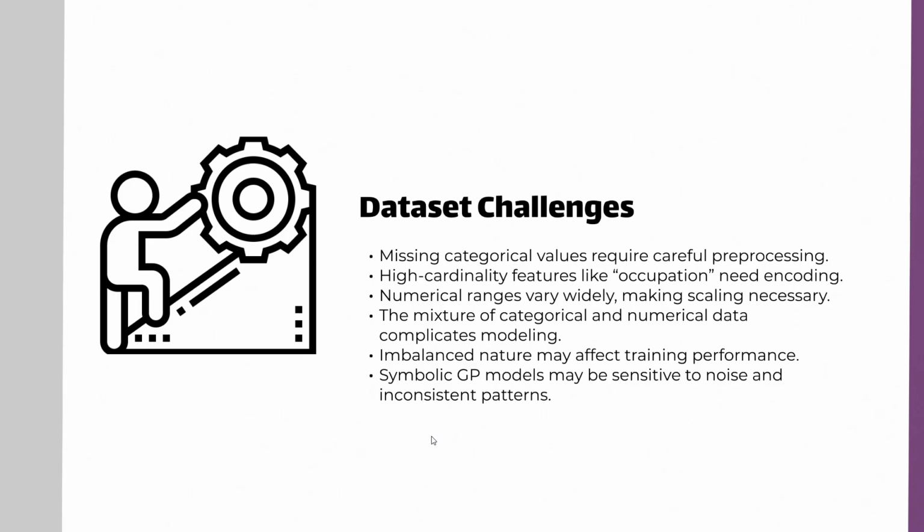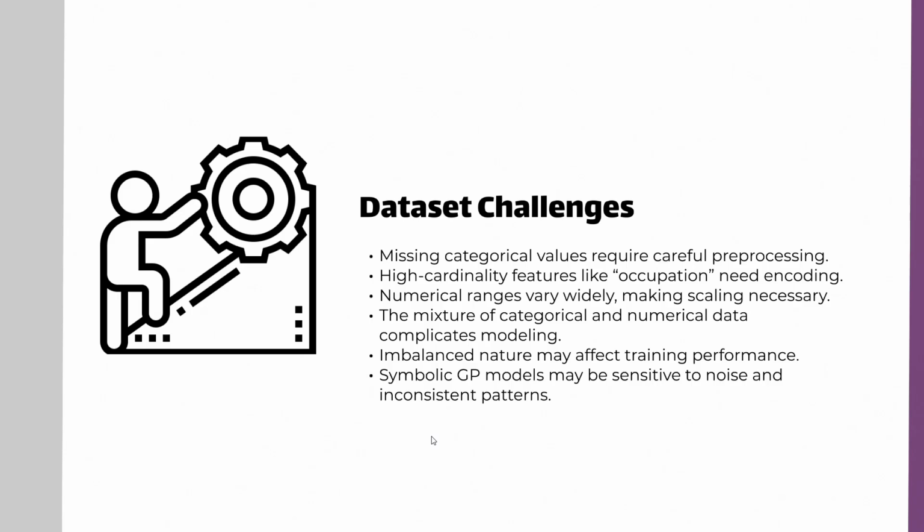Without scaling, GP operations like multiplication and division can behave unpredictably. Lastly, there is a mild class imbalance, which means models might favor the majority class. We needed to ensure genetic programming doesn't get stuck predicting the dominant label.